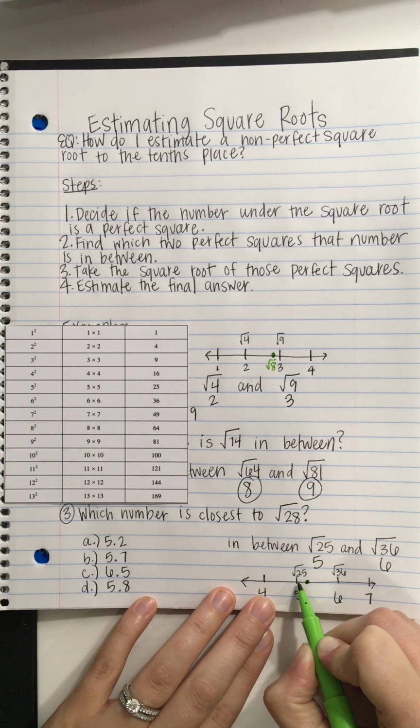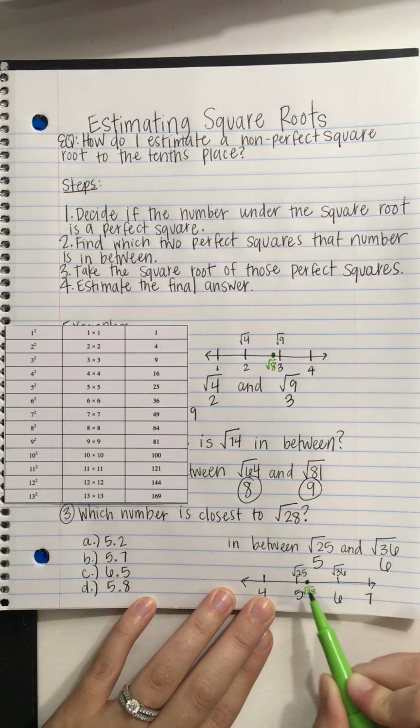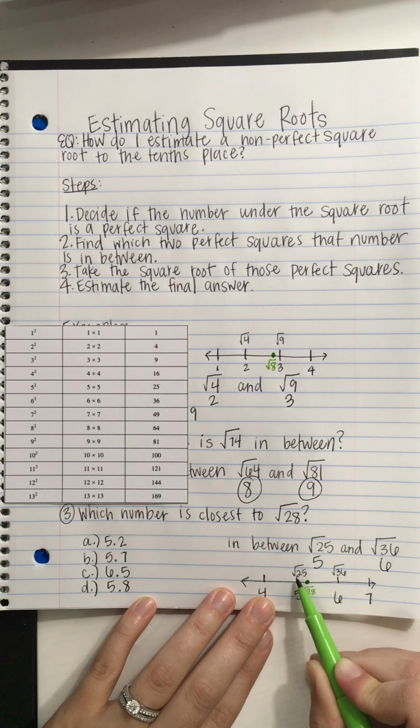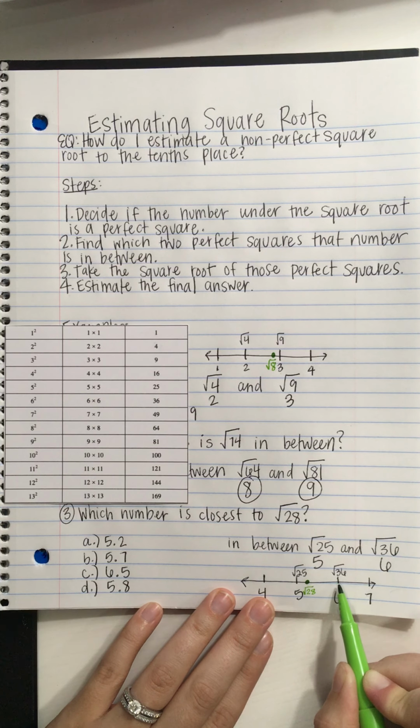It is closer to square root of 25. I'm going to write it right here, 28. It's closer to square root of 25. 25 and 28 are only 3 spaces away, but 28 and 36 are 8 numbers away. So it is going to be closer to square root of 25, or closer to 5, than it is to 6.